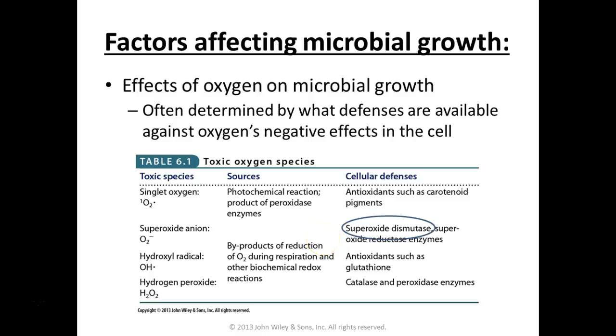We're going to talk about these, one of them being superoxide dismutase. As the name implies, it helps deal with the superoxide anions that can form, these negatively charged oxygens. They have more electrons than they're supposed to, which makes them dangerous.